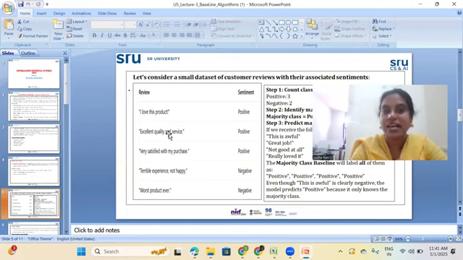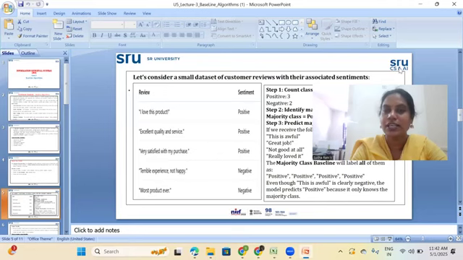Excellent, again positive. Very satisfied, again positive. Terrible experience, not happy: here the keywords are terrible and not, so the system generates negative. Worst product: the keyword is worst and the feedback is negative.